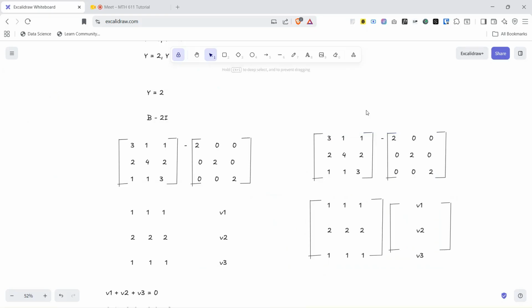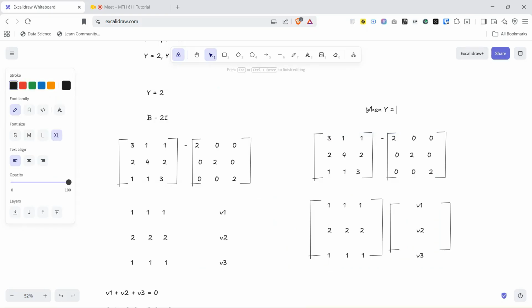Okay, so for when lambda equals 6, it means this would be 6, and then this would be 6, right? So if you subtract, 3 minus 6 would give us minus 3. So this would be minus 3.